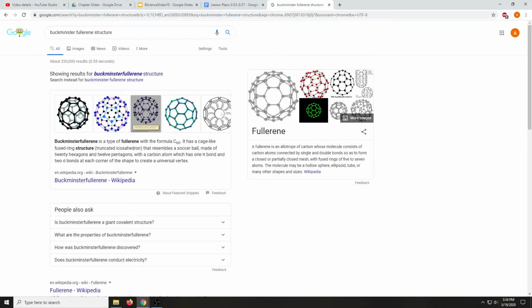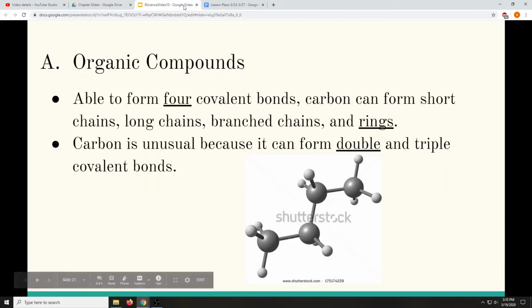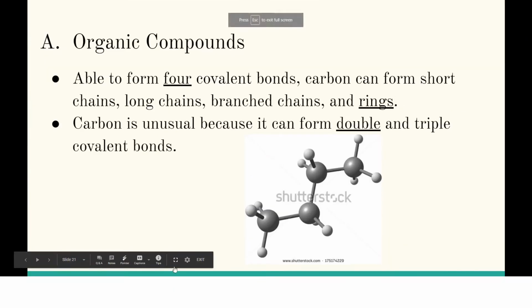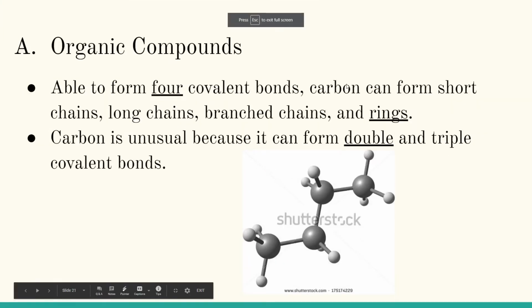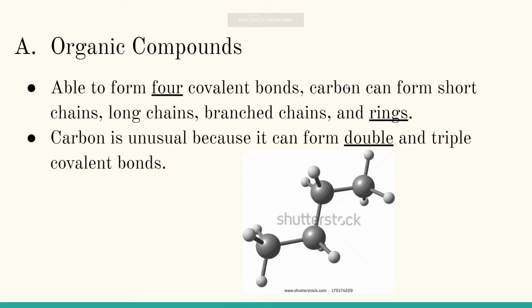These crazy soccer ball looking things are molecules, made of atoms that carbon can form because of the way carbon is able to bond. So carbon's really versatile. It can do all sorts of things.